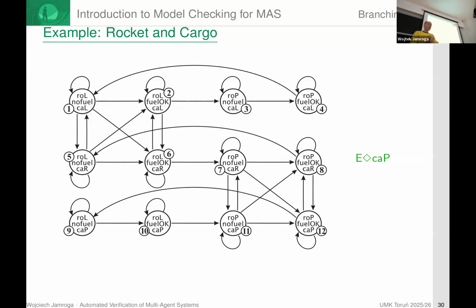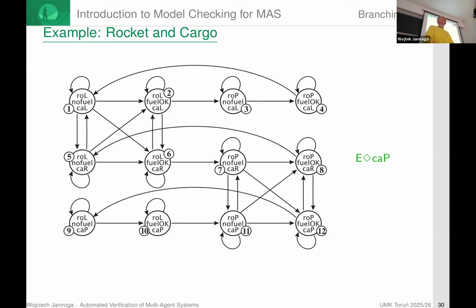Okay, so again, let's have a look at another example. This is a simple rocket scenario, something that the planning community used quite often, let's say 25, 30 years ago. So the idea is that there is a rocket and a piece of cargo, and there are two agents, one with different capabilities.